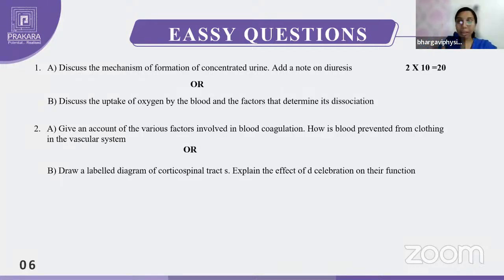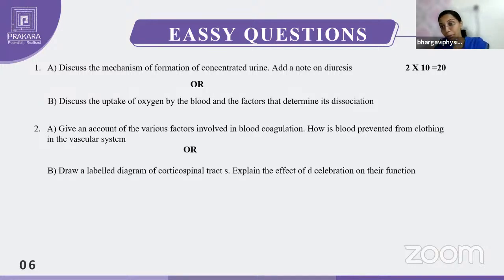Then you have to explain from which neurons of the cerebral cortex it starts, and when it is coming down, what the changes are, what the decussation is, how many fibers, like 80% and 20%, cross to the opposite side, no?